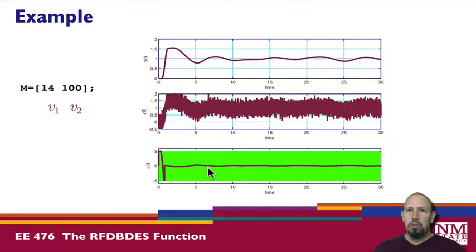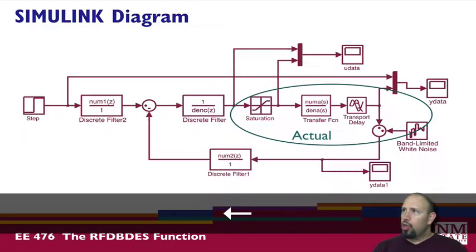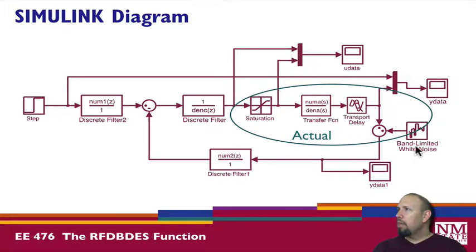So we can see that we actually do pretty well. And the important thing is we have a tool that allows us to vary the order of our controller in order to do that kind of thing. So that's really cool. Now in this case, we could use this block diagram because we know exactly what the guts are. We know what the actual transfer function is, we know what the actual time delay is, and so forth.